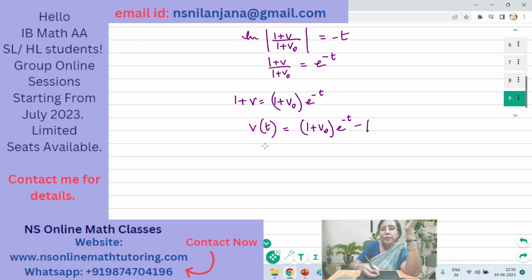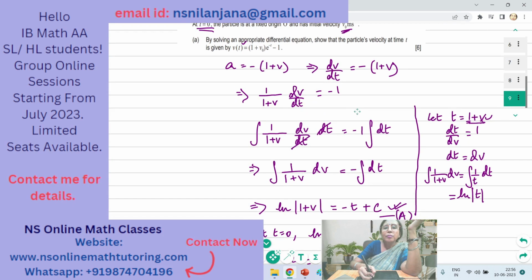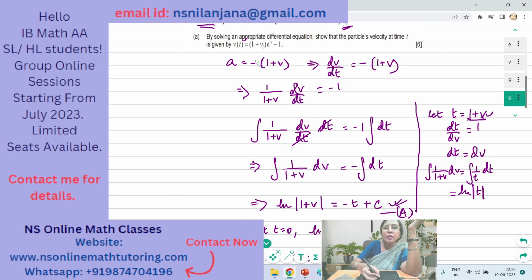Let us see if we were given the same equation or not. Okay, so it is 1 plus v0 times e to the power of negative t minus 1.